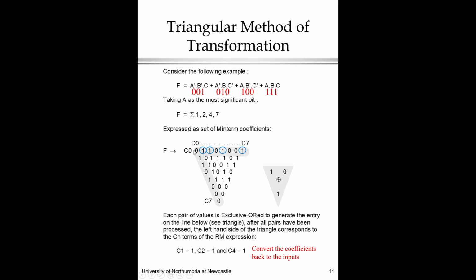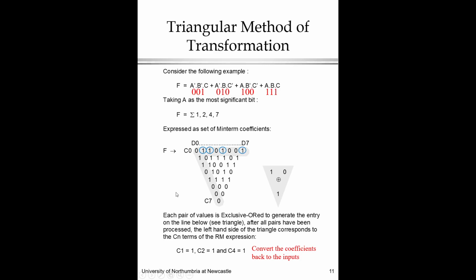Okay, so the coefficient here is actually the output. We'll call it C0 to C7. This is how you label it. D0 to D7 is your input. C0 to C7 is your output.